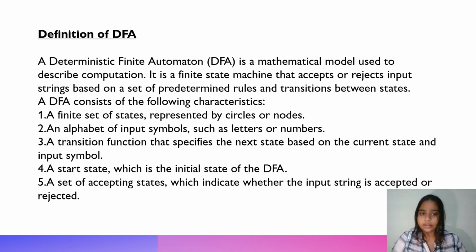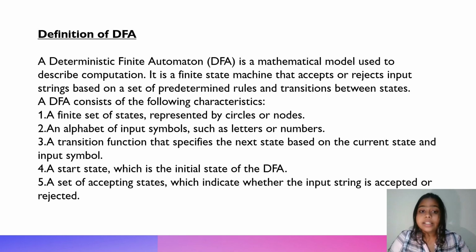Before we move forward, we'll look at the definition of deterministic finite automata. A deterministic finite automata is a mathematical model used to describe computation. It is a finite state machine that accepts or rejects input strings based on a set of predefined rules and transitions between states.